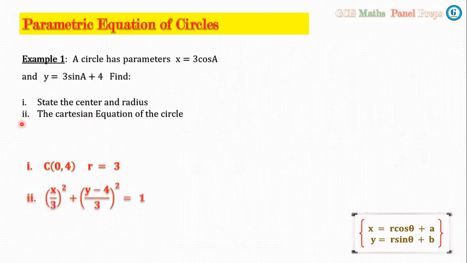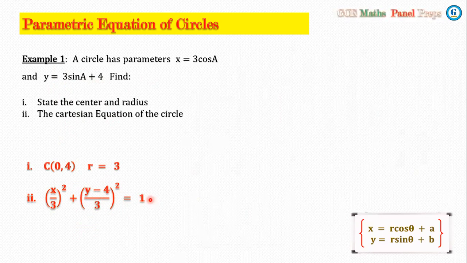So from here, you can have the Cartesian equation of the circle directly. That is x minus a, so we have x minus the x value of the center, all over the radius, plus y minus the y value of the center, all over the radius, all squared, to be equal to 1.